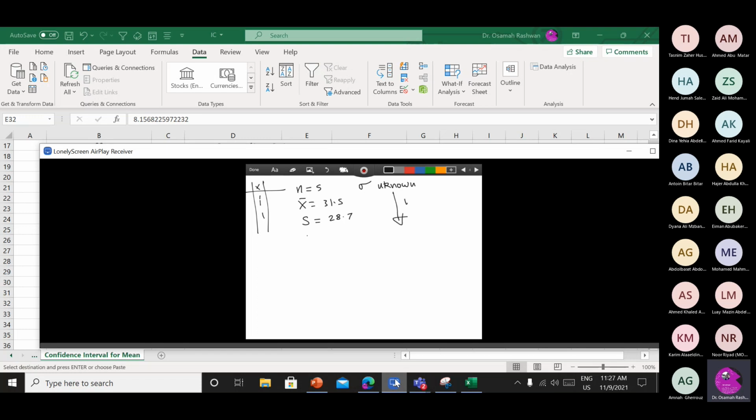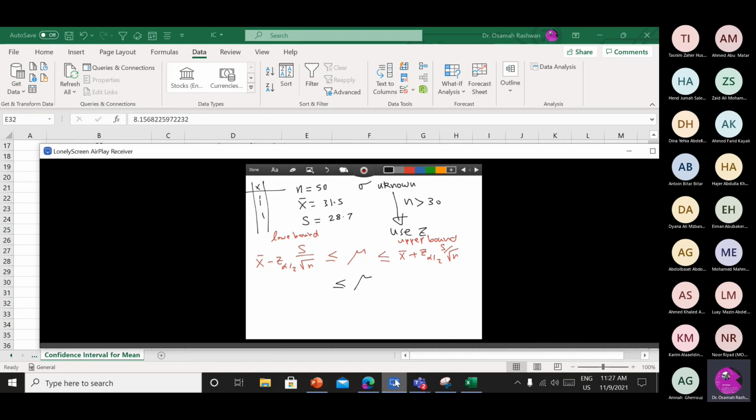Sigma unknown and n greater than 30, so I can use Z. What is the lower bound? x bar minus Z alpha over 2 times S over root n is less than mu, which is less than the upper bound, x bar plus Z alpha over 2 times S over root n. Let's just substitute. That is all.